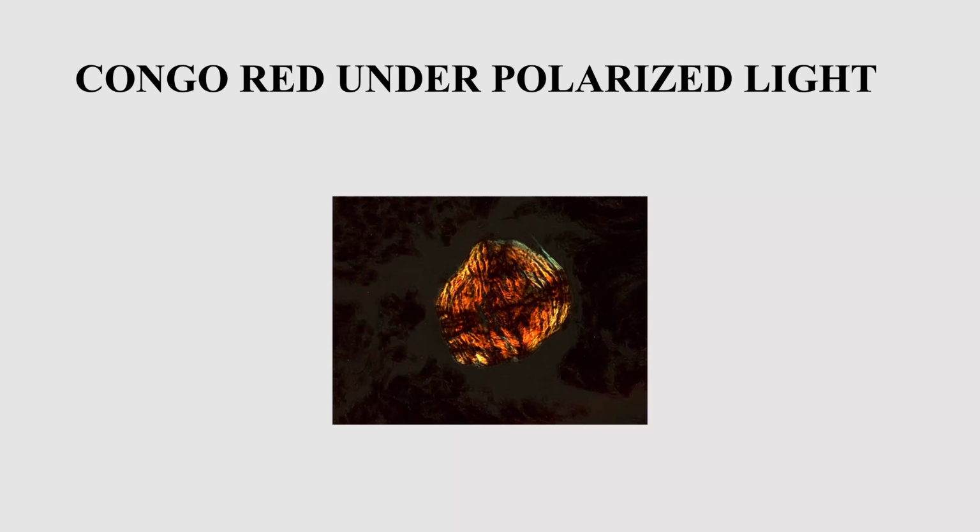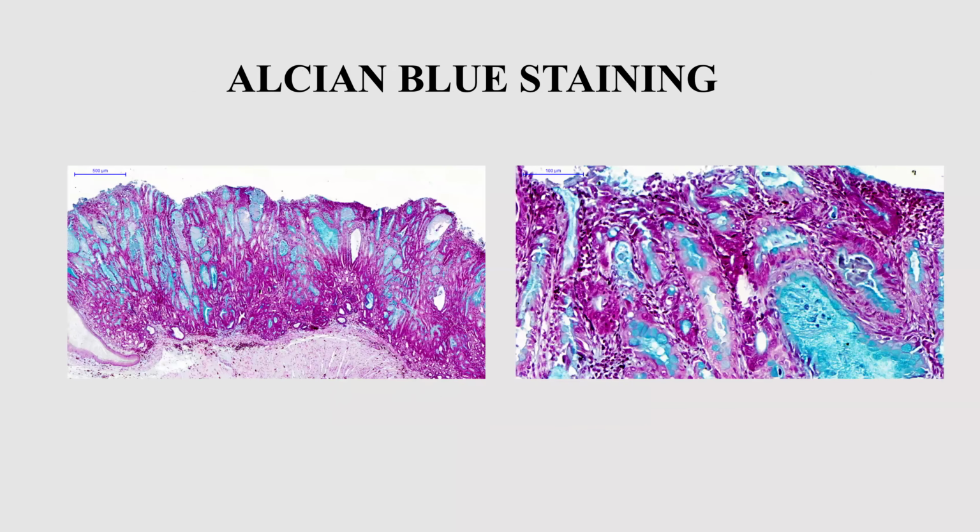Okay, the next histochemical staining is Alcian blue. This stain is used for identification of mucins and is very useful for verification of metaplasia. The example is stomach, because this blue color is a witness of intestinal metaplasia.